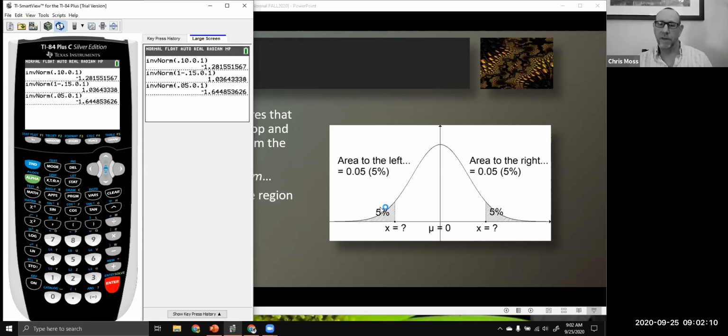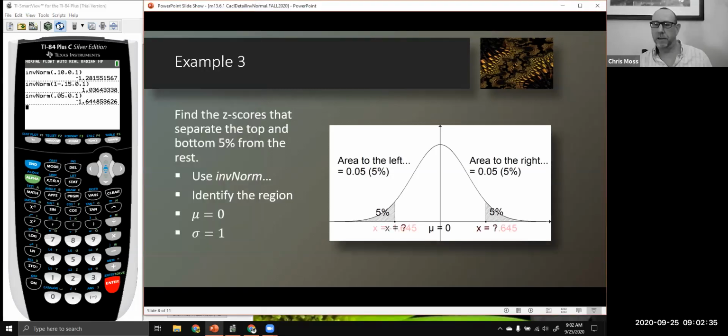Now, symmetry tells me that if it's negative 1.645 over here, it'll be essentially the same value, but positive on the other side of the 0. It's the symmetry of the graph. It's the same on both sides, kind of like your ears, more or less the same height on both sides of your head. So I really have my answer, but let's see what we got here. And we get a 1.645 on the right, a negative 1.645 on the left.